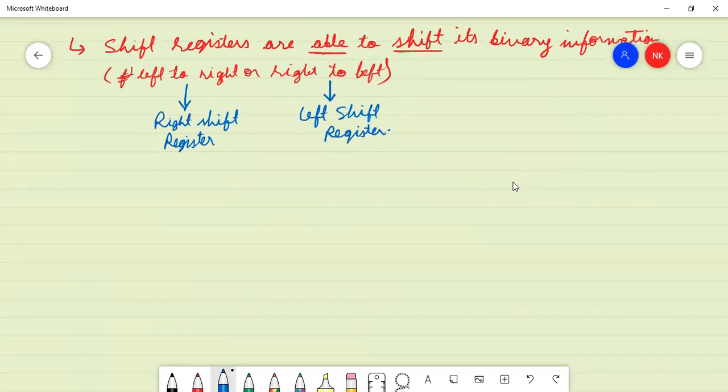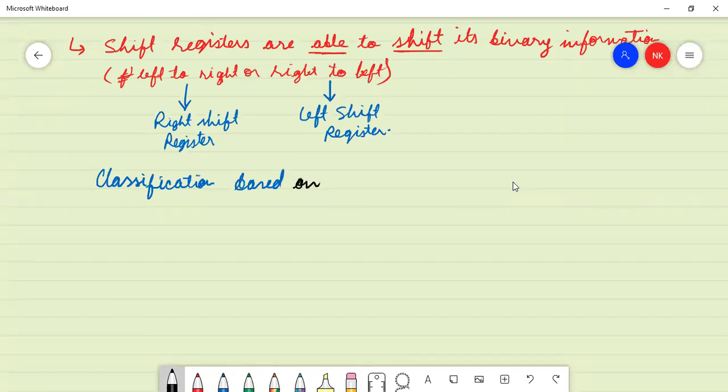Okay, now based upon the shifting also, किस तरीके से डाटा एंटर किया गया है, based upon that classification, based on the data entered or retrieved, there will be 4 types.